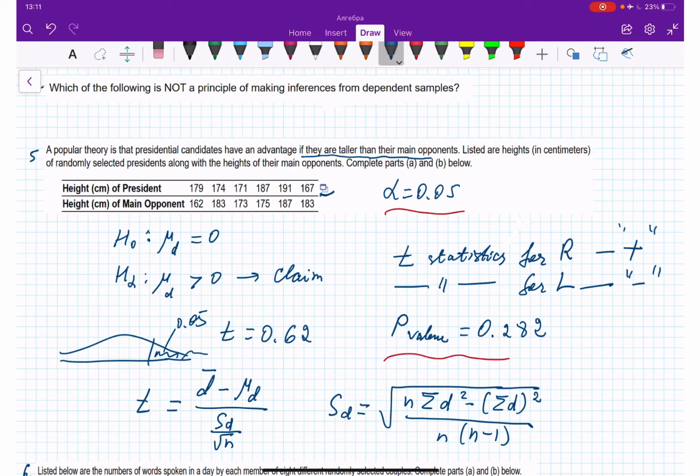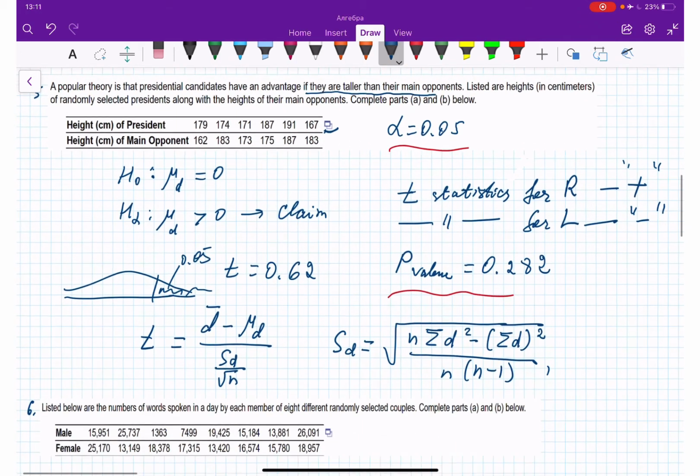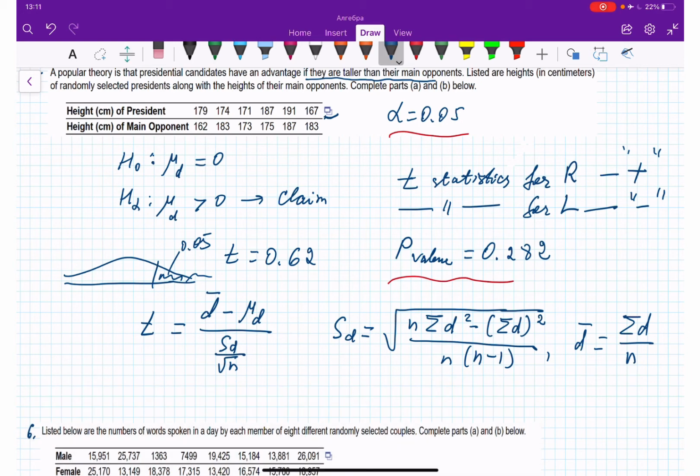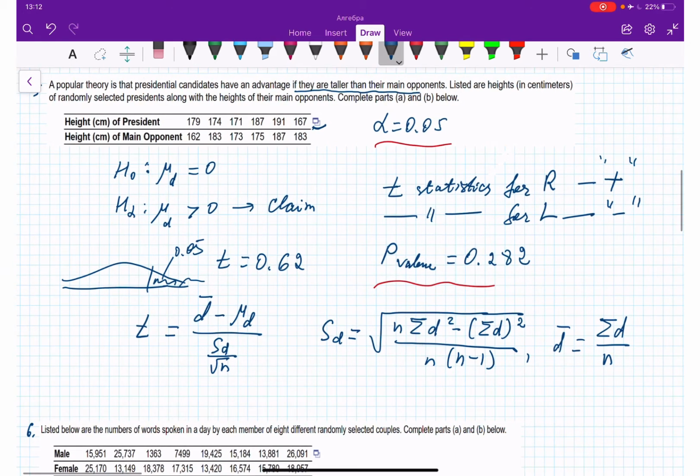And to find d bar, which is the average, that is equal to the sum of differences between paired data divided by n. Now all this could be done in an Excel spreadsheet, but I think a calculator would work too: 1, 2, and you got the answer.